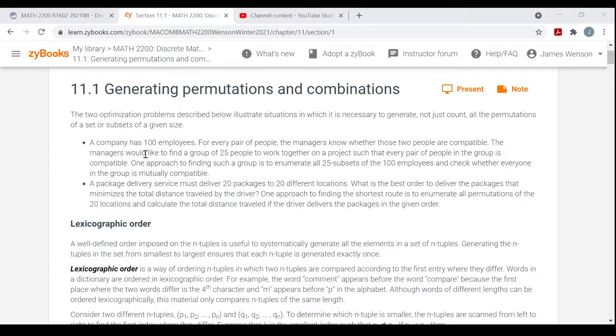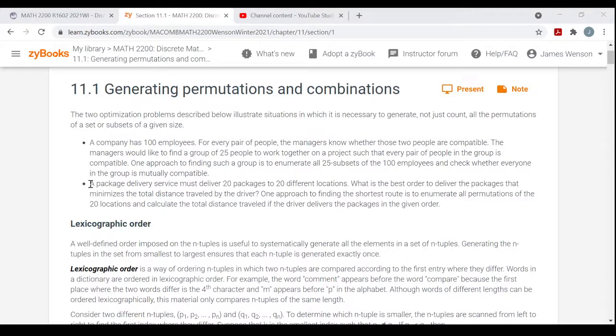The managers would like to find a group of 25 people to work together on a project such that every pair of people in the group is compatible. One approach to finding such a group is to enumerate all 25-subsets of the 100 employees and check whether everyone in the group is mutually compatible.